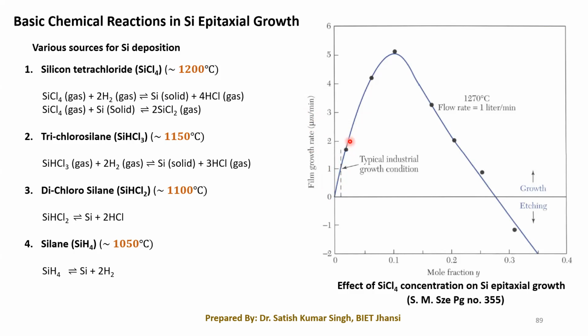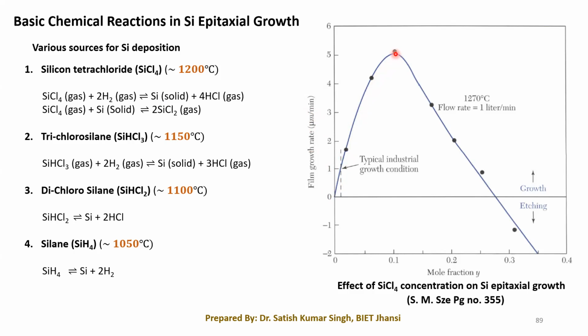When we have a very small fraction of silicon tetrachloride in the reaction chamber and increase it a little bit, the rate starts increasing slowly and reaches a maximum value. So the growth rate will be maximum at this point.